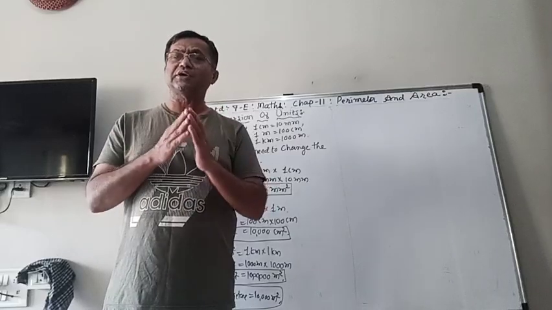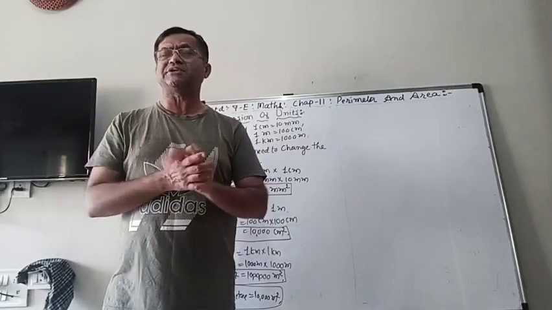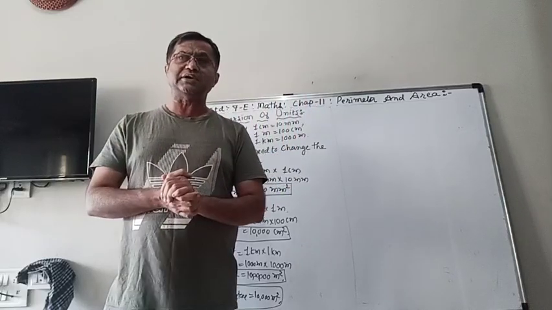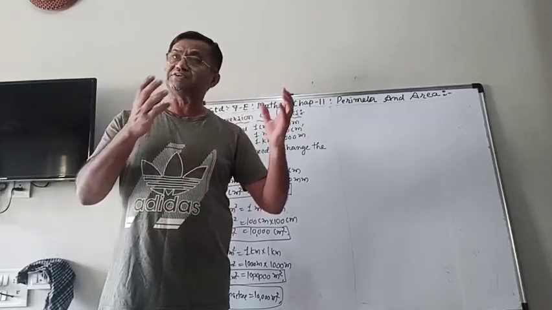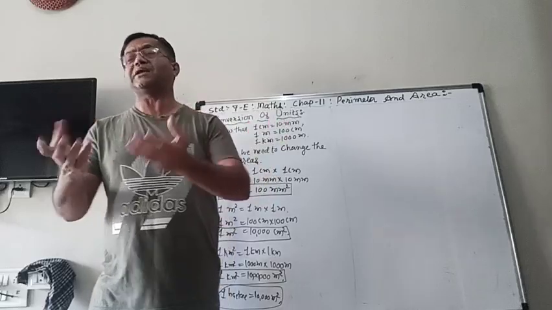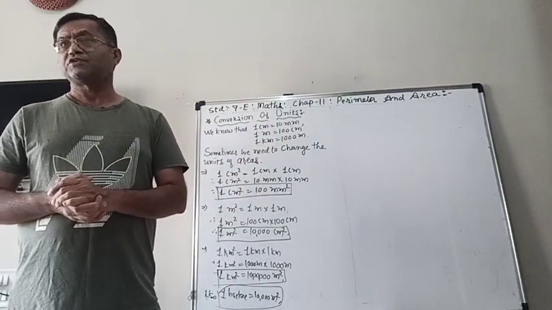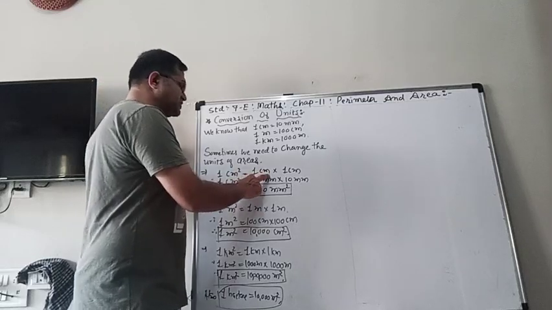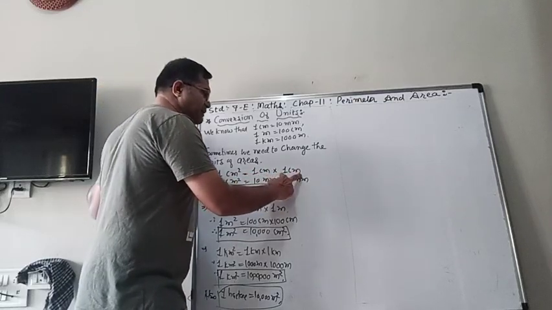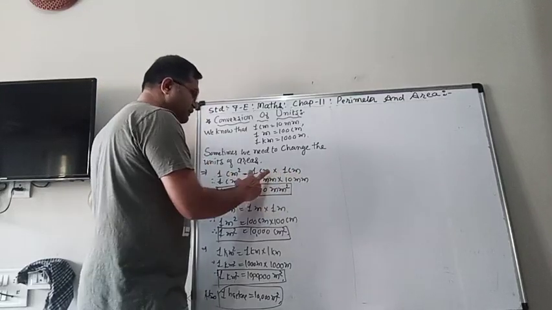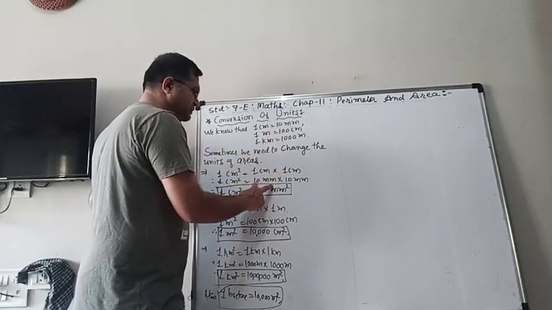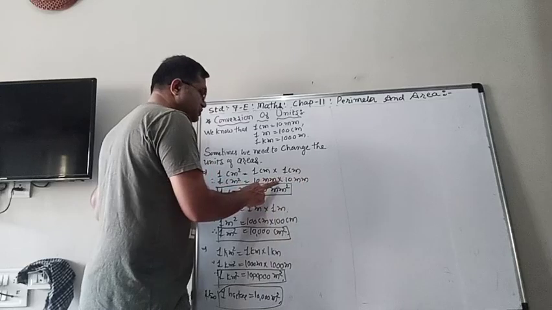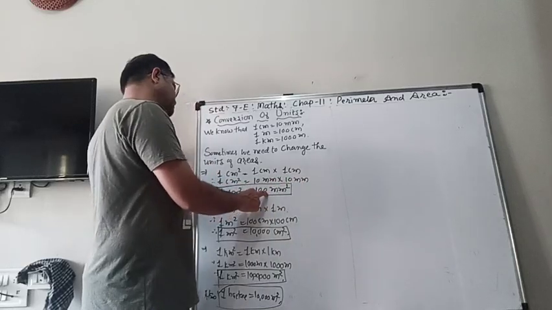If we want to convert centimeter square into millimeter square, we know that 1 centimeter is 10 millimeter, but it does not mean that 1 centimeter square is also 10 millimeter square. We know that 1 centimeter square means 1 centimeter multiplied by 1 centimeter. 1 centimeter is 10 millimeter, and the other 1 centimeter is also 10 millimeter. So 10 times 10 is 100.